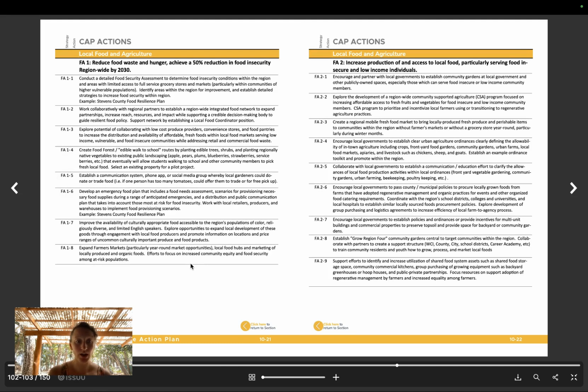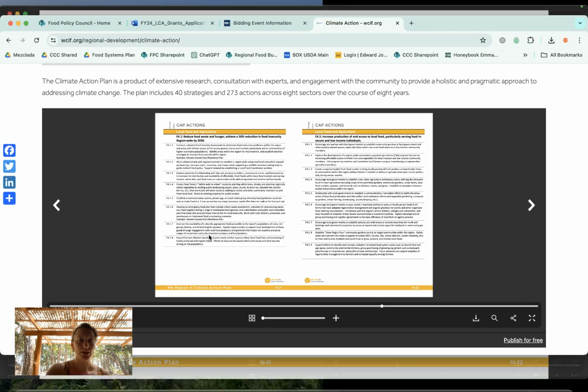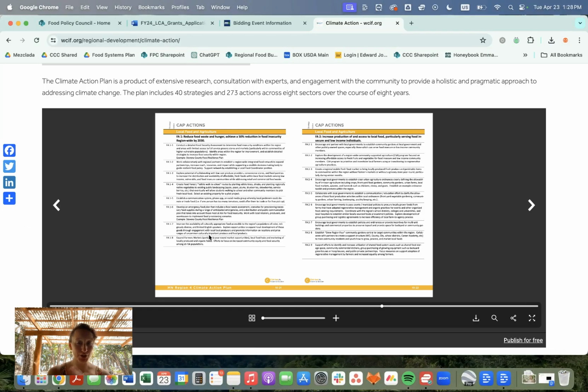Now, if you go to this section here, there are actually all kinds of supporting actions that have been identified. If you recall, in our regional food systems plan, we also have a set of different strategies and action steps based on feedback from people that we talk to in the region. This is the same, right? This is all feedback from people within the region about things they said, let's do this in order to address this issue. So we have lots of good ideas.